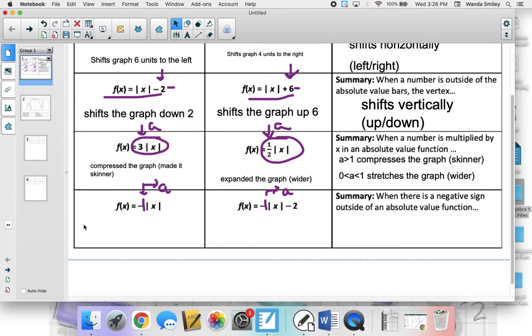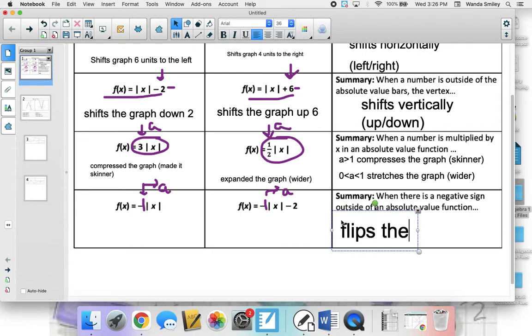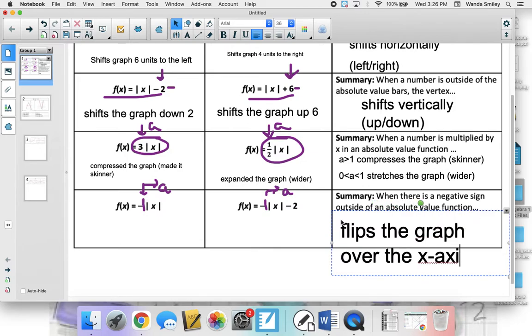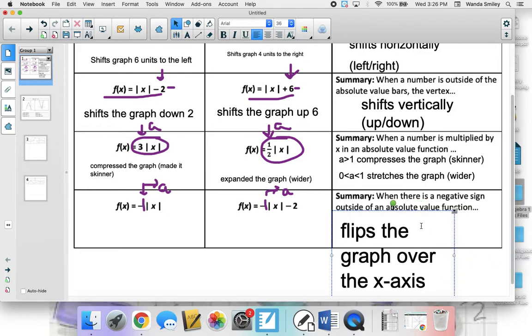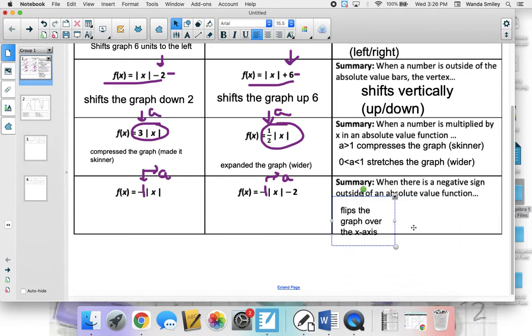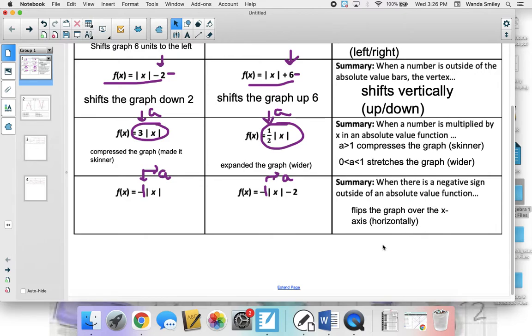So when there is a negative sign outside the absolute value function, it flips the graph over the x-axis, okay? Alrighty. So that's what that part was.